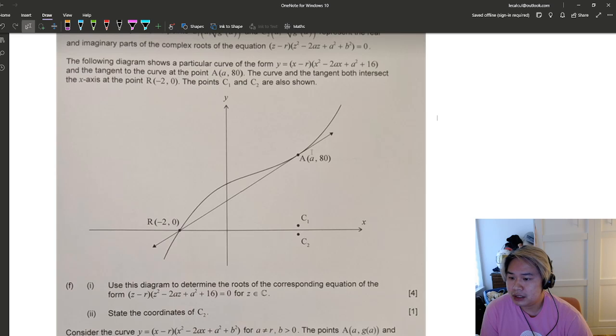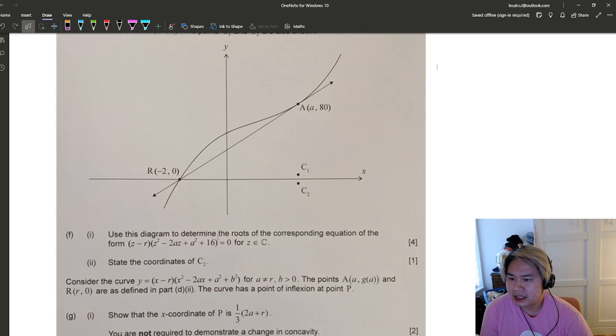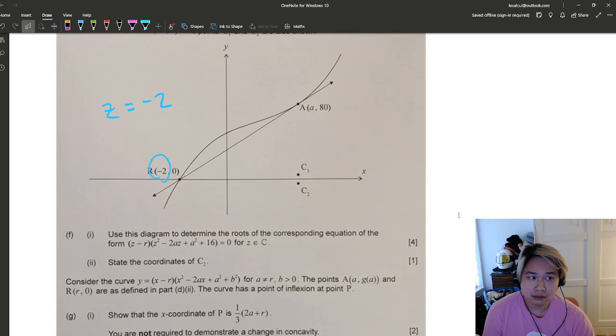Use this diagram to determine the roots of the corresponding equations. Okay, well, the first root is right here, right? So z equals -2, because as we've established, the first root is this intersection.